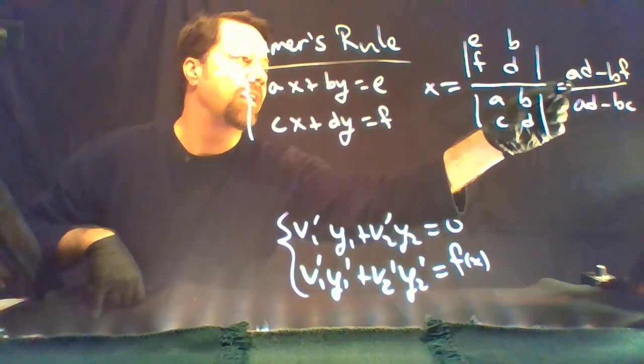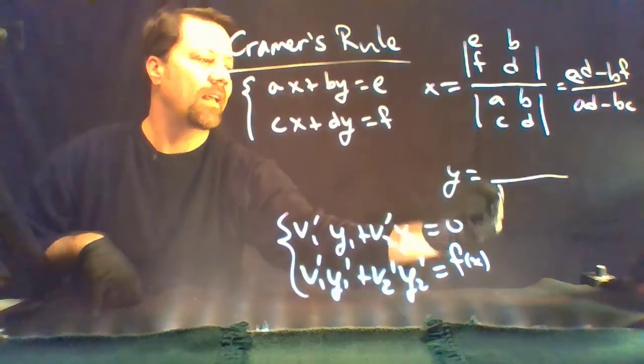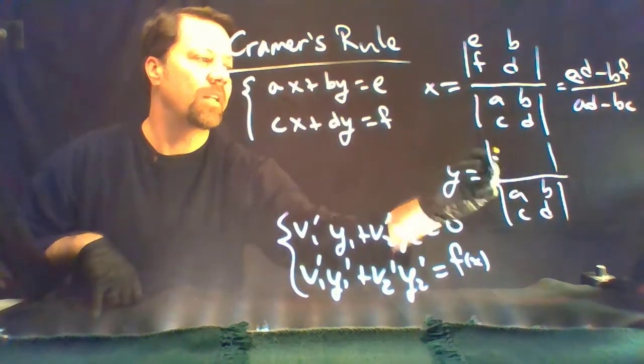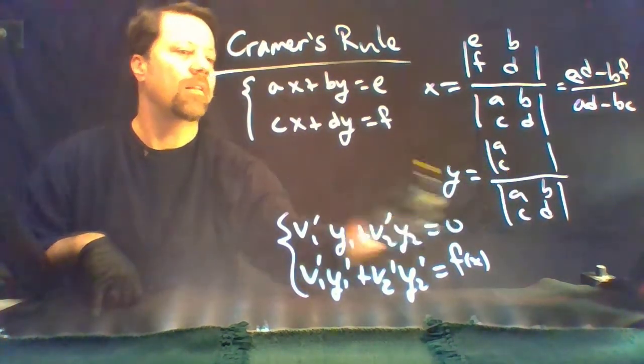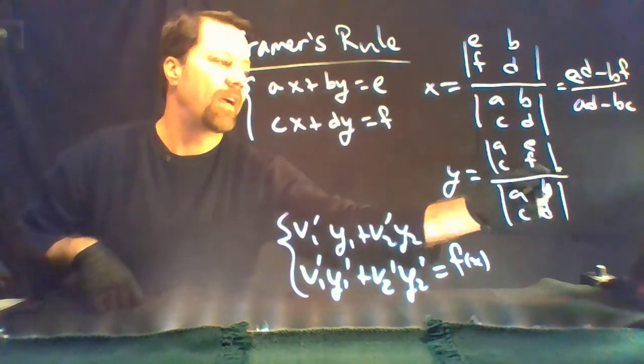This is an e. Also, y has the same determinant, but in the numerator it is the y coefficients that are replaced by the right-hand sides.